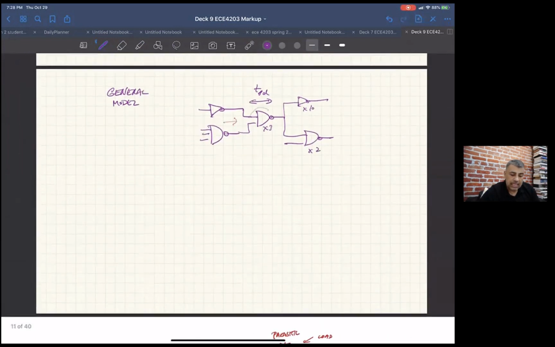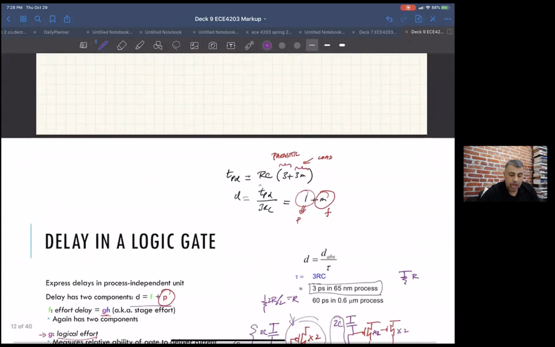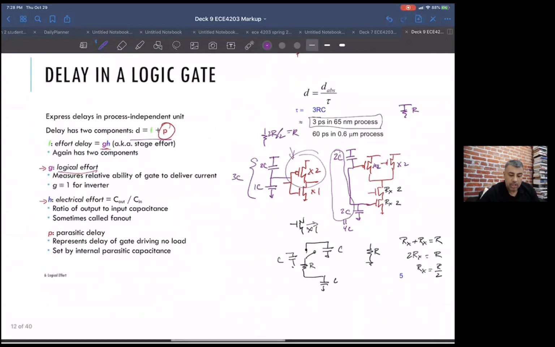This NAND gate, to have the same drive capability as a similar size inverter, will show a bigger load to these guys. So if you have a complex circuit, a 3-input NAND gate will have even higher input capacitance, as we'll see as an example, than you had before.